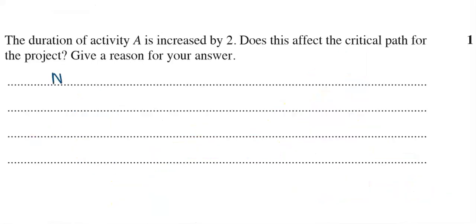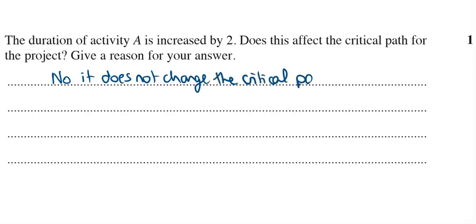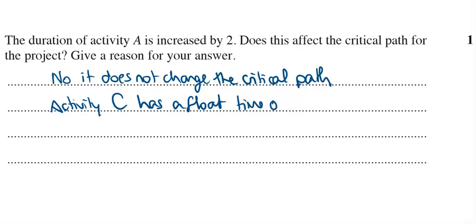The answer is no, it does not change the critical path. And the reason is activity C had a float time of 3. So increasing A by 2 days does not change the critical path.